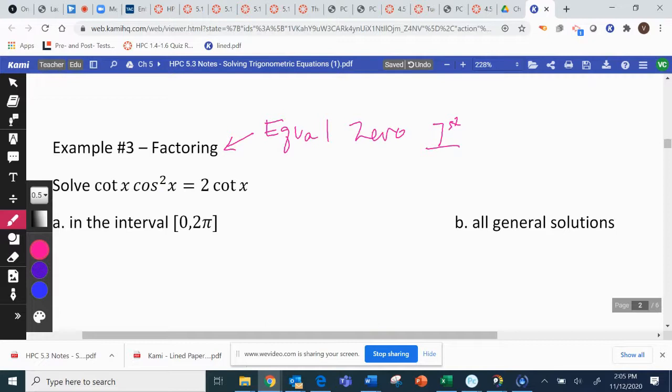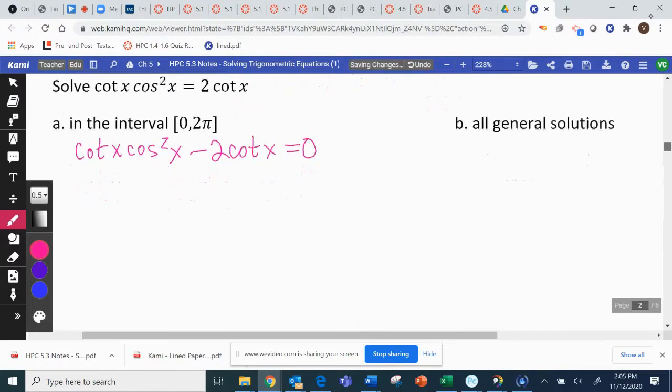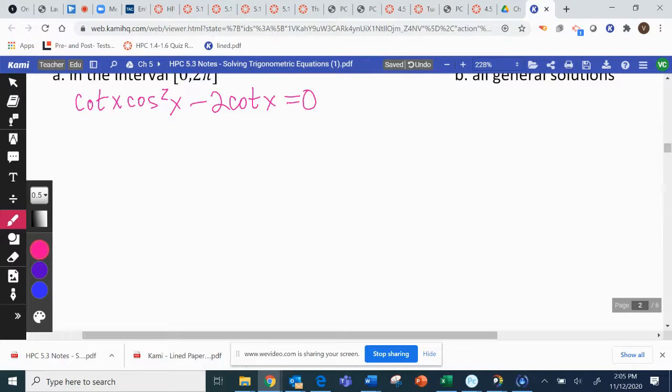Okay, so I'm just going to rearrange. I'm going to get cotangent x cosine squared x minus 2 cotangent x equals 0. Now I can factor and solve by factoring. First step of factoring, always the first step, factoring always is greatest common factor.